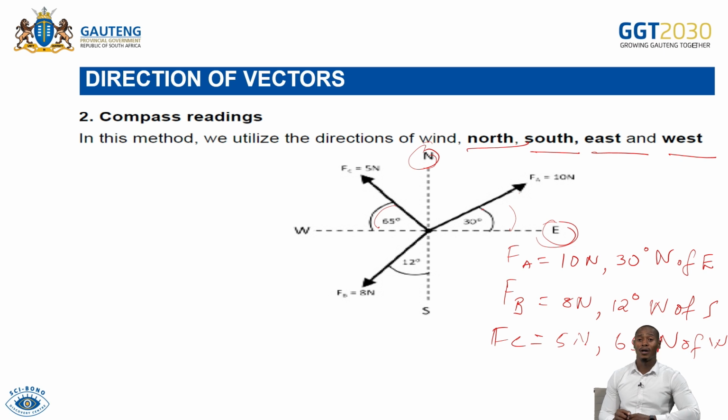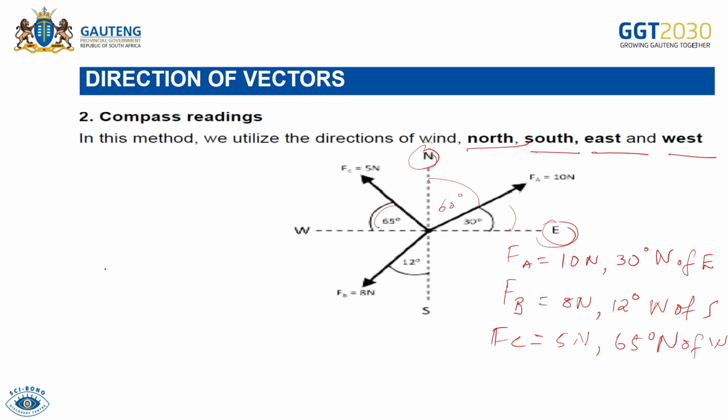So we can also use the compass directions differently. If you are having 30 here, moving from north to east, remember it's 90, so those two are perpendicular to each other. If here is 30, here is going to be 60.